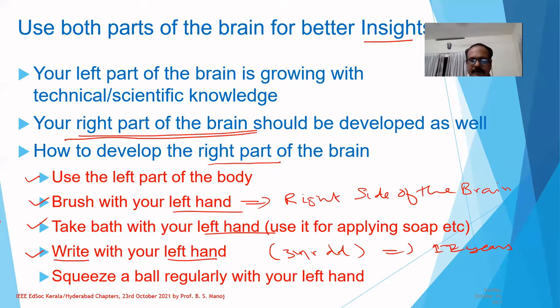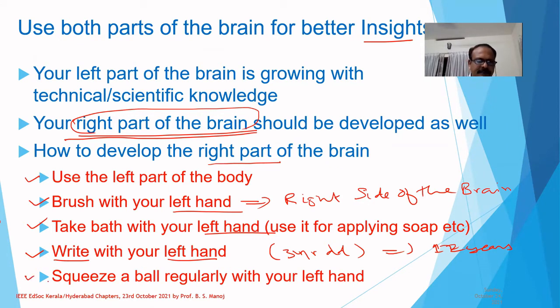So when you develop the left half of your body by using the left leg, left hand, left part of the body, this is going to be very useful to develop the right side of the brain, and that can actually help. In fact, many scientific experiments have been conducted to prove this point, that you can develop the right side of the brain by using the left side of the body.